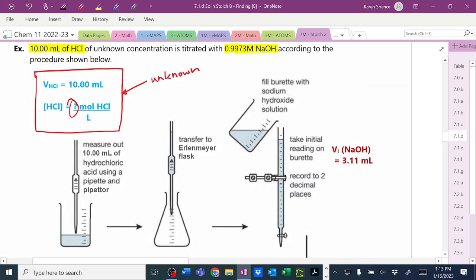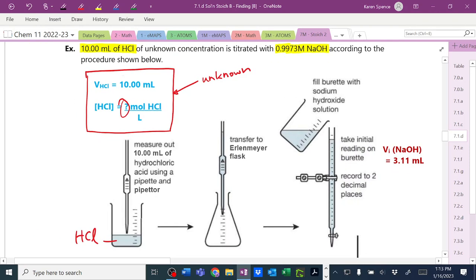So what do we do? In our beaker, we have some HCl, and we want to measure 10 milliliters really precisely. Do you guys remember what piece of equipment we can use to measure a volume very, very precisely? We could use a burette, but we're going to be using the burette for the titration, so we are going to use a pipette.